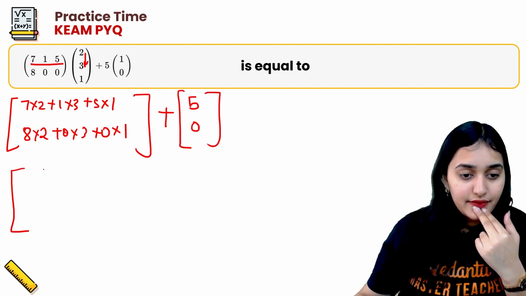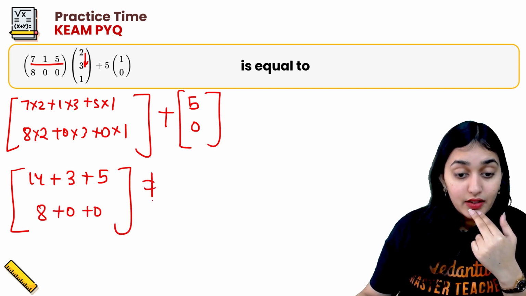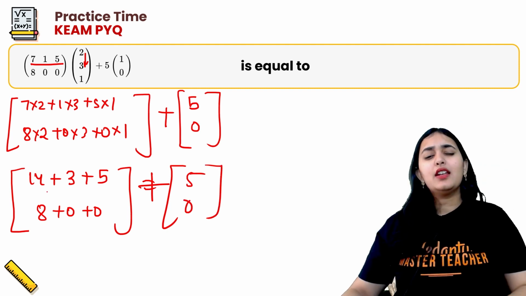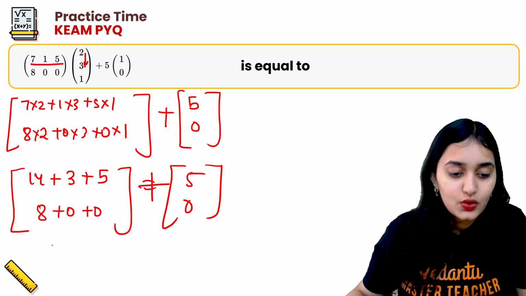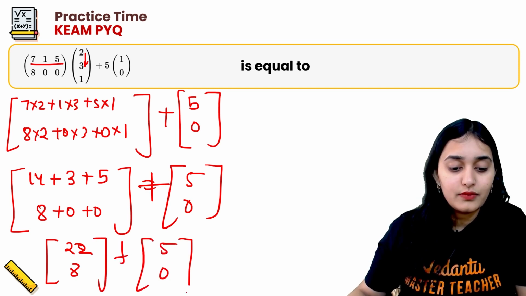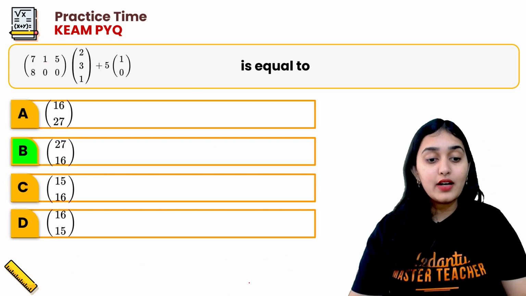So here we have 7 2s are 14, 1 3 is a 3, 5 1 is a 5. Then we have 8 plus 0, plus 5 and 0. Now 14 plus 5 is 19, 19 plus 3 is 22. So 22, and 8 plus 5 and 0 will be how much? 27 and 8. So this should be your answer.